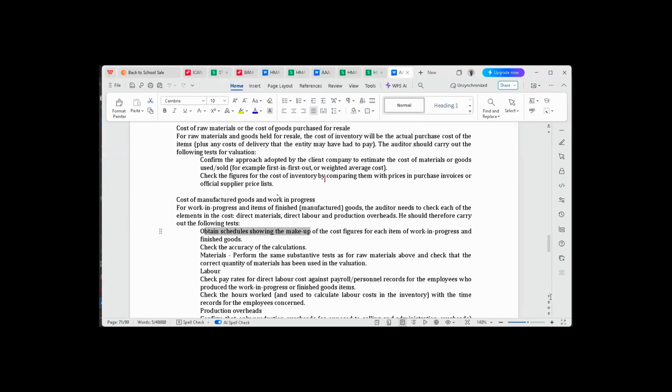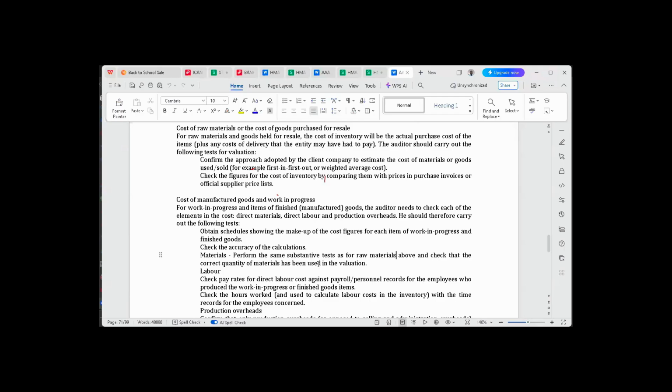Then you need to also perform some tests on audited transactions on the raw materials and check the correct quantity of materials has been used in the valuation.